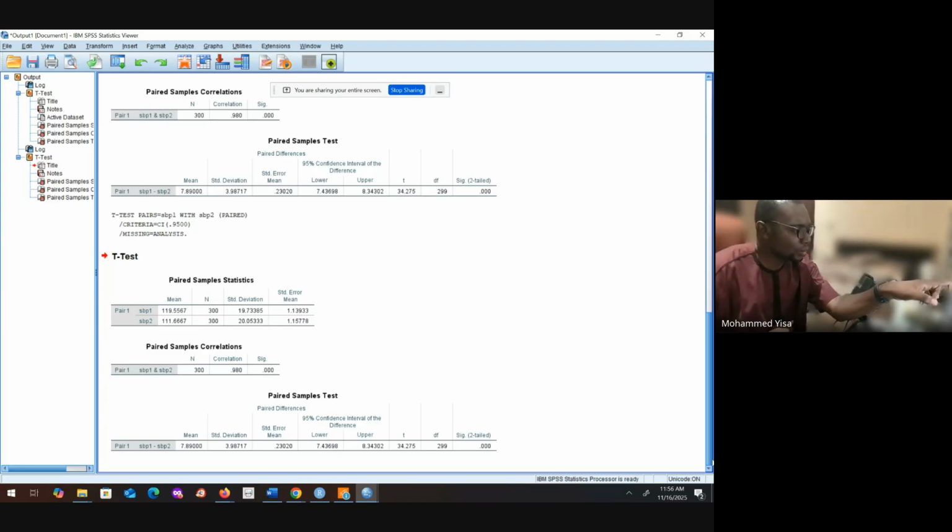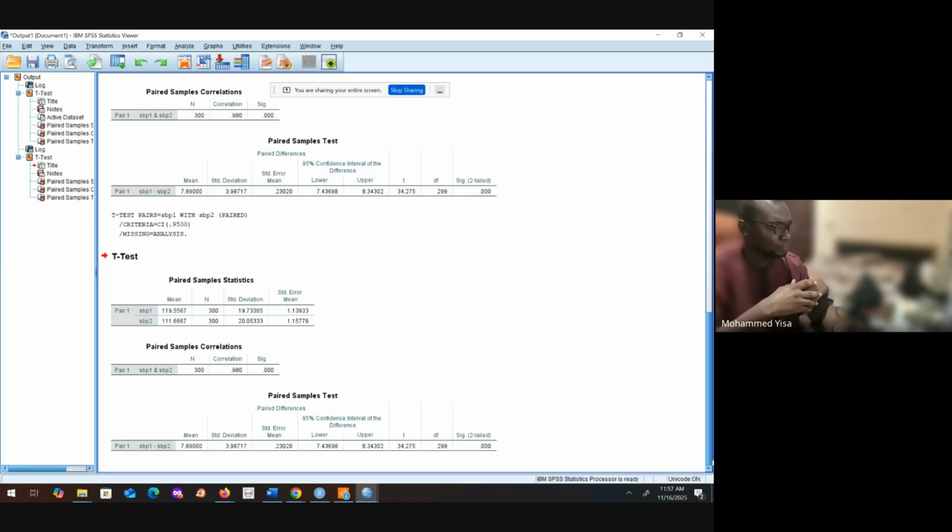So when you go to the mean, this mean 7.89 something, that's the difference between the mean of week 1 and the mean of week 2. And it's a positive value. So based on what we said earlier, on average, the blood pressure went down by 7.89 points, 7.89 millimeters of mercury.